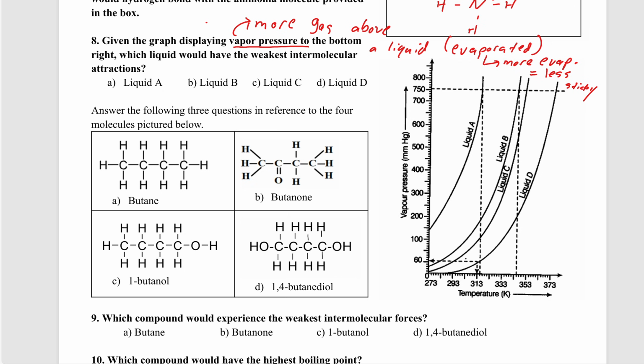Because if your liquid is very sticky with itself, if it has very strong intermolecular attractions, it's going to be hard for it to evaporate. So you will have a low vapor pressure.